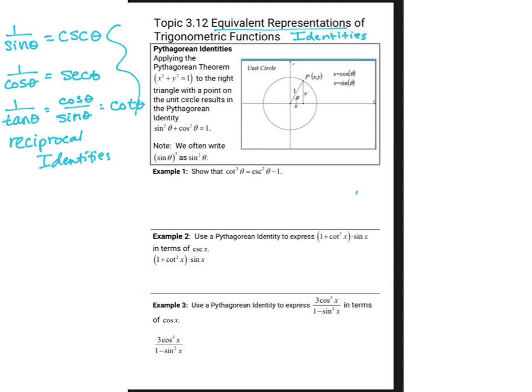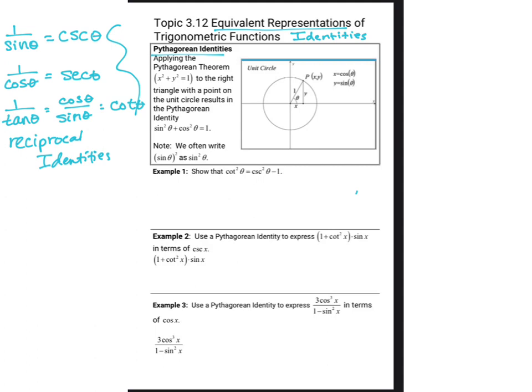The first set of identities we're going to talk about is Pythagorean identities, and these come from the Pythagorean theorem, using a unit circle and our x, y, and r relationships.